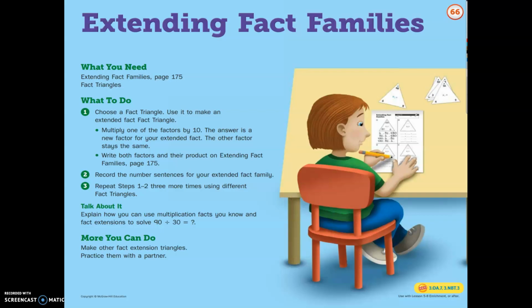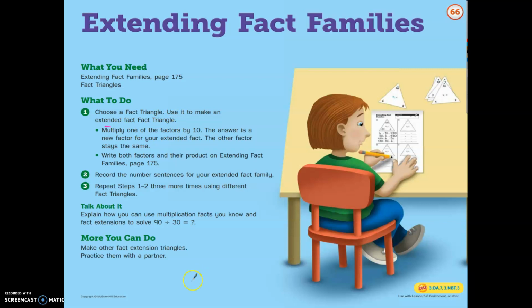All right, so here's a way that you can use your fact triangles. Just practice. You can take your fact triangles. This one has 6 times 8 is 48. And you can just write down your fact families. Another way to do it is to think of extending the fact by multiplying your product by 10.